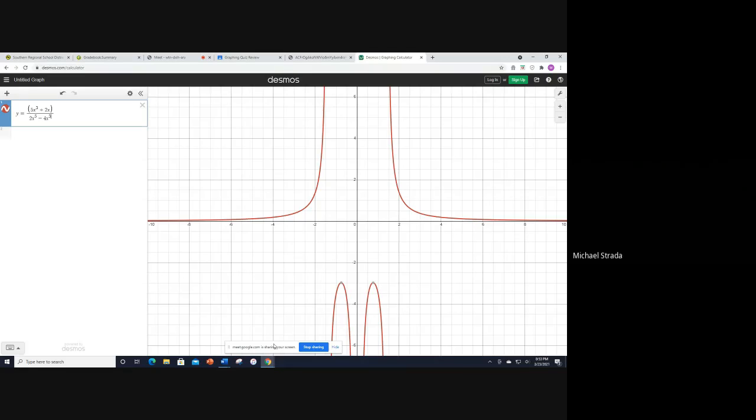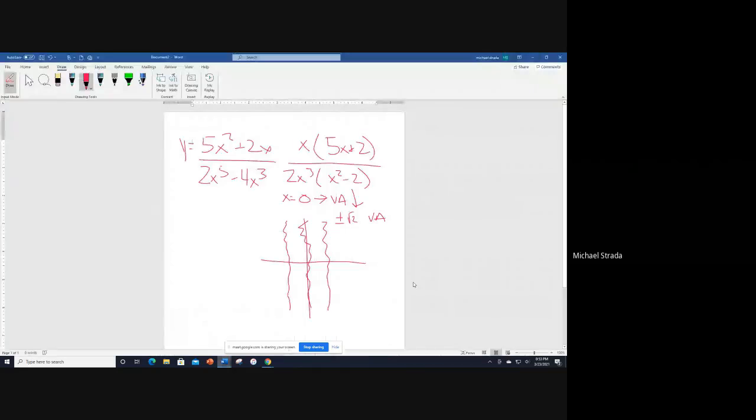All right. But you would just plug in points in between. So to see how that one plays out, if I plugged in 1, which is between them, I'd have 3 up top, negative 2. That would put me at negative 1.5. That's what leads me to believe I got that graph there. If I plugged in negative 1, I'd have 5 minus 2, which is 3, over 2 minus 4.